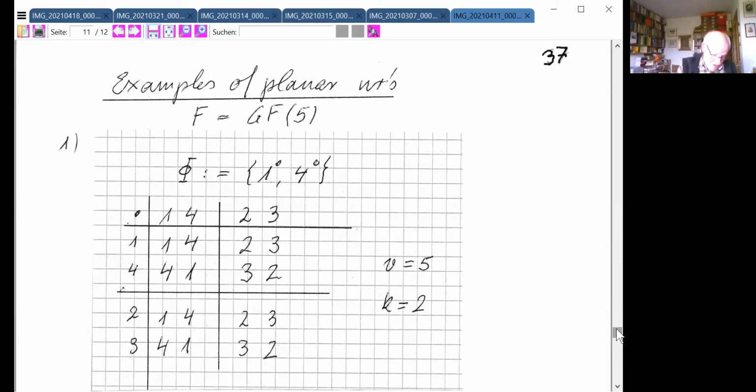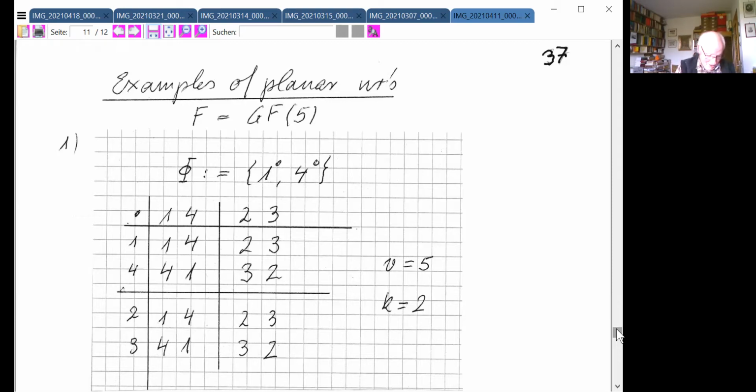And now if you form the multiplication table in such a way that you just write these orbits in this order, then you will see that 1, 4 form a subgroup, and also 2 and 3.